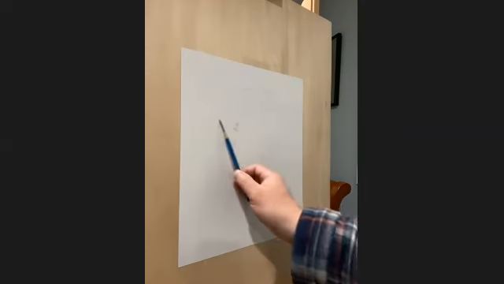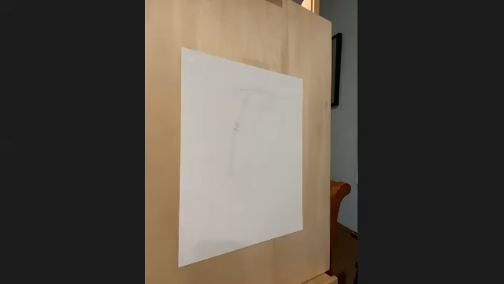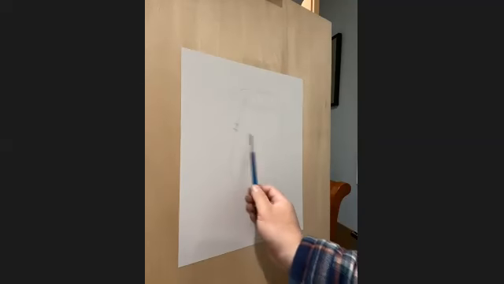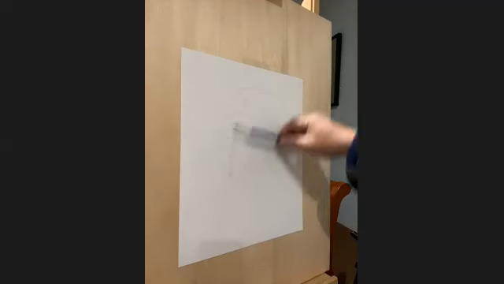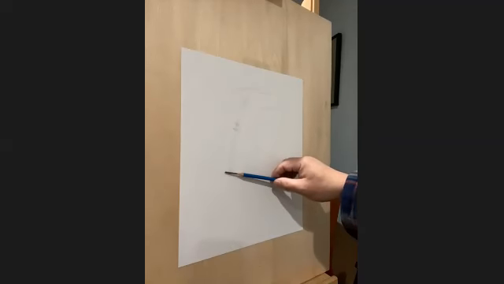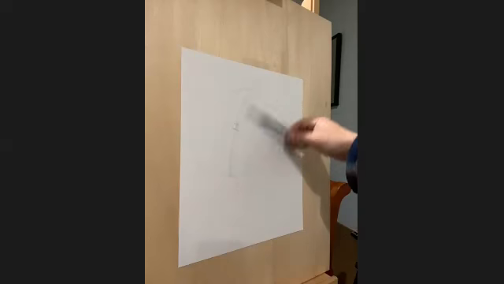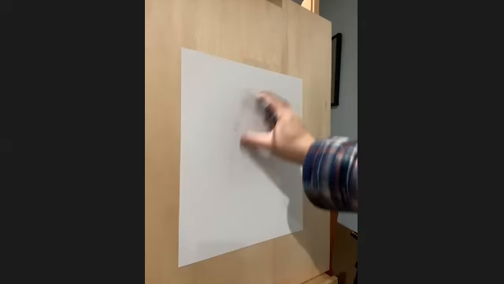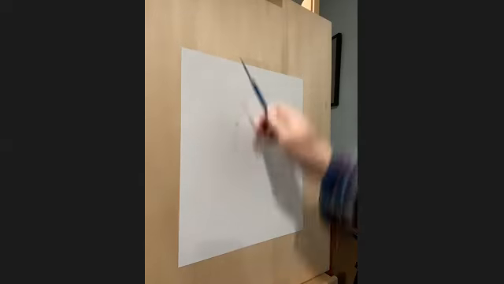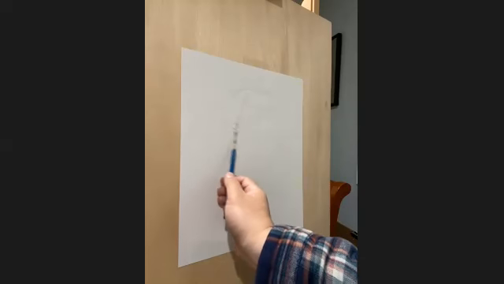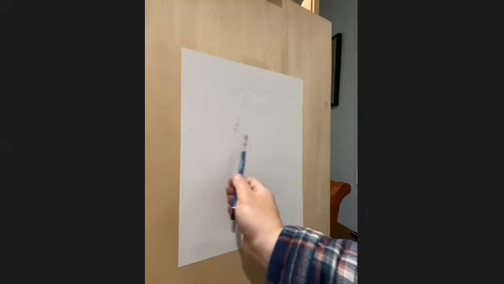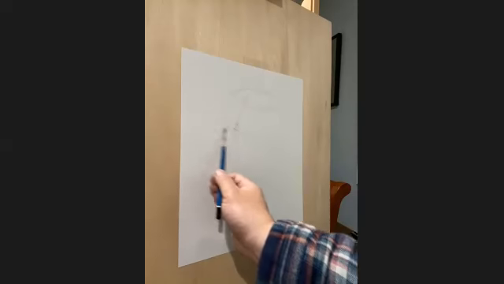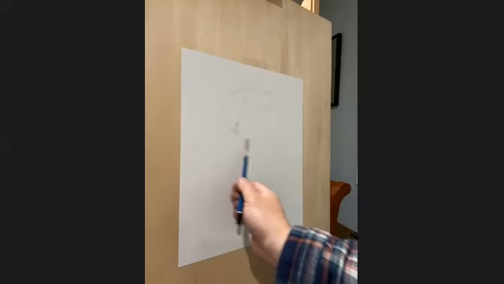If you look at the model flat, you can see the eye level is supposed to be on the midway between the chin and the top of the head. But since we look down, this portion will be bigger and this portion will be smaller because of perspective. You look down on the model, so this is much shorter. So in this work, the eye level will be like here.